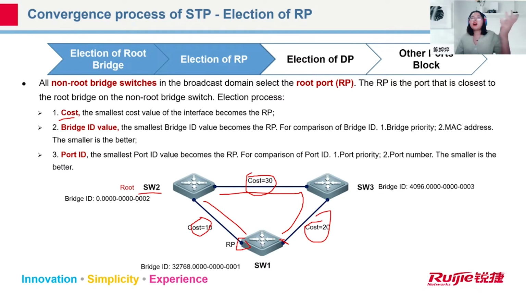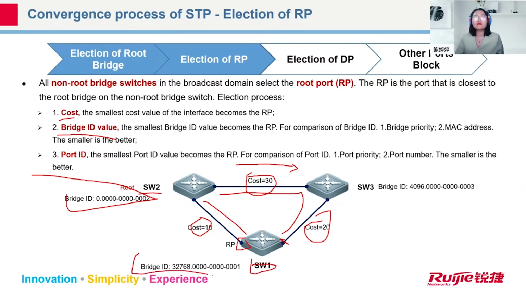If the link cost value is the same, then we compare the bridge ID. The bridge ID of one comes from switch 2, with its priority and value like this. But the other bridge ID comes from switch 1, and it is this one.